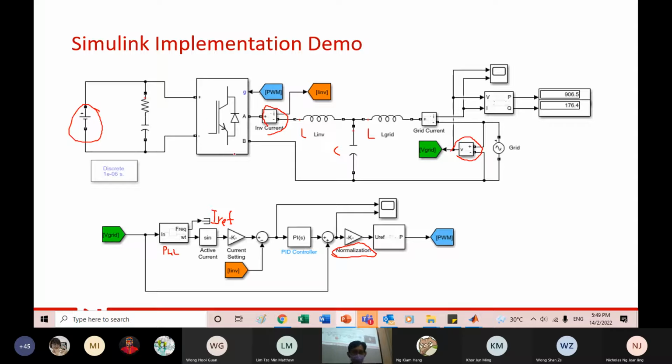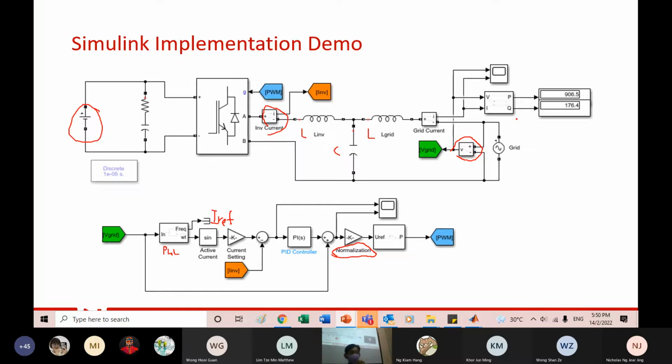Okay, and then the interesting part is, how do I know whether my inverter is working or not? So you need to measure the output grid current and the grid voltage. So there is a VI block, where you can see P is the real power, Q is the reactive power.